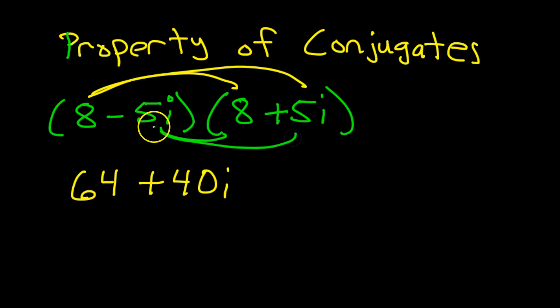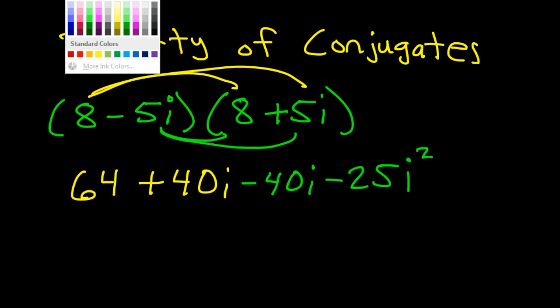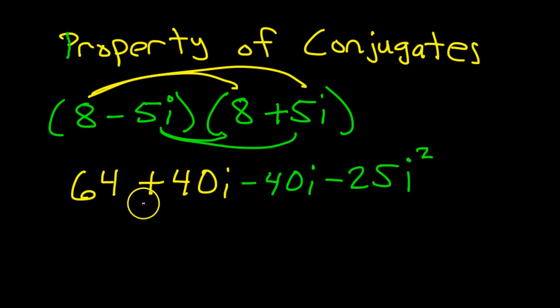And then if I distribute the negative 5i, that's going to give me negative 40i, and I'm going to get negative 25i squared. So if you look at the like terms in the middle here, anytime you have conjugates, because you have the same numbers, only opposite, these terms are always going to cancel out because they make 0.